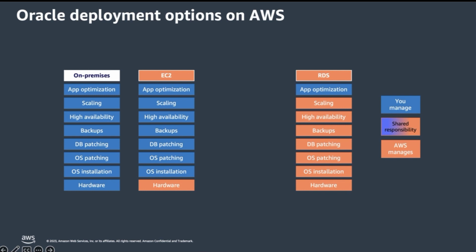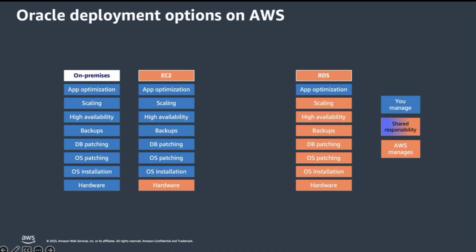And then comes our Relational Database Service, or RDS. In this, AWS manages almost everything for you, right? You use the infrastructure, the networking, the operating system, database installation, patching, scaling, backups, high availability.